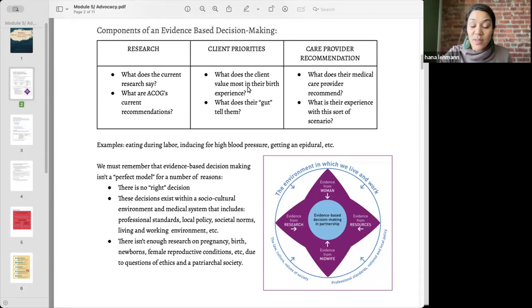These decisions exist within a sociocultural environment and a medical system that includes professional standards, local policy, societal norms, and then a living and working environment, right? So there are different pressures. Maybe they're unconscious, or they're more structural. So it's hard to pinpoint them. But this decision isn't happening in a perfect vacuum, right?